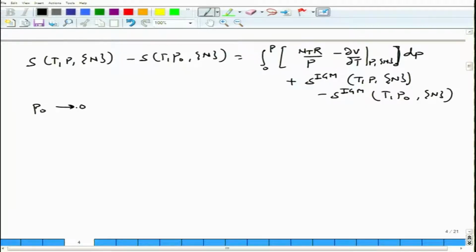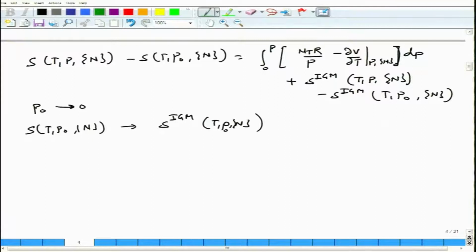now, if we consider P0 tending towards 0, then of course the mixture at pressure P0 should behave as an ideal gas mixture. So, S(T,P0,n) is nothing but S^IGM(T,P0,n). So, it is basically the ideal gas mixture entropy.